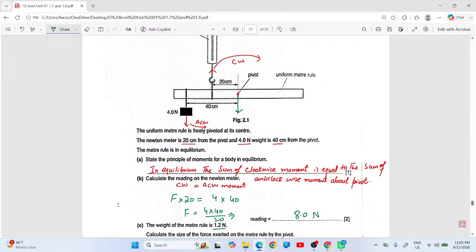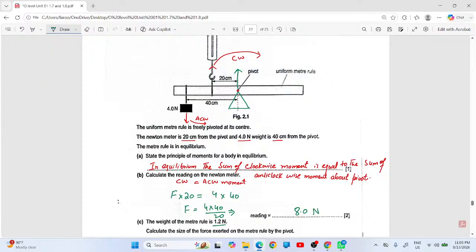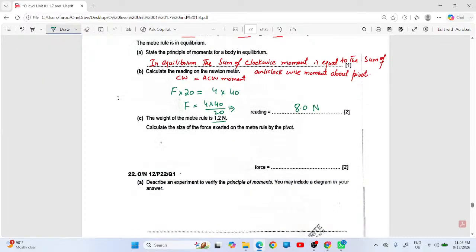Let's suppose the pivot will exert an upward force. Upward forces equal downward forces in equilibrium.